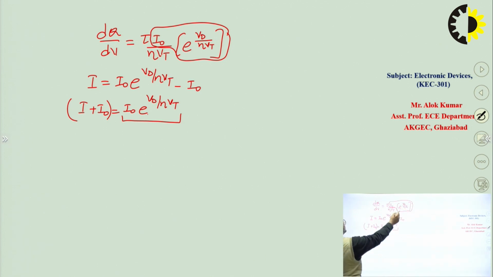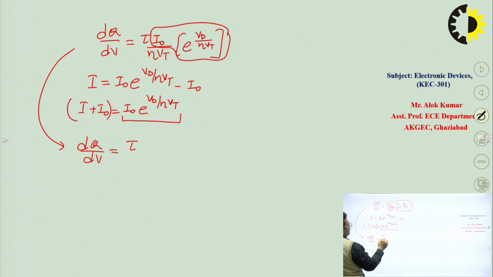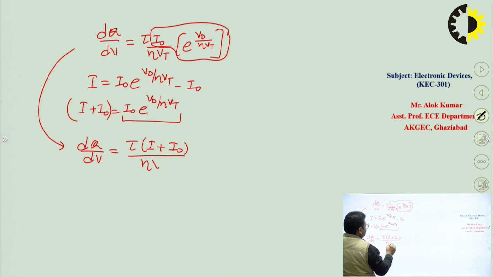So I can replace this value with I plus I naught. So dq by dv is equal to tau into I plus I naught upon eta Vt.